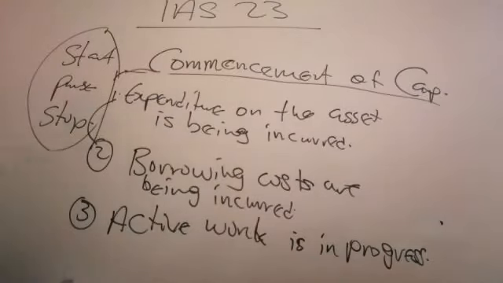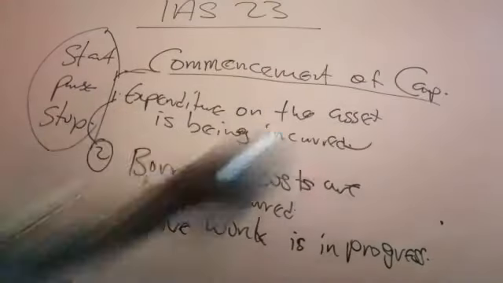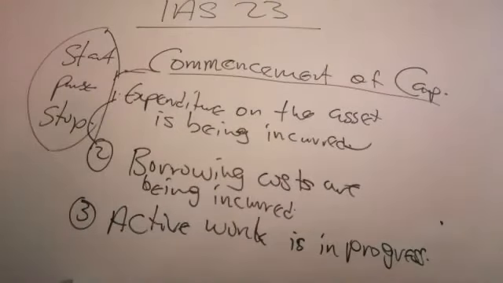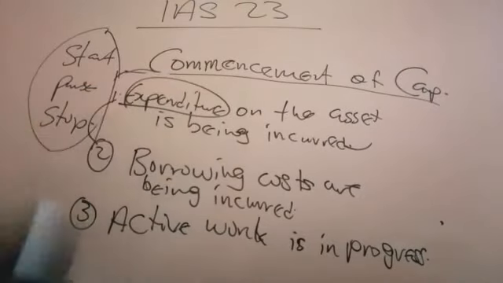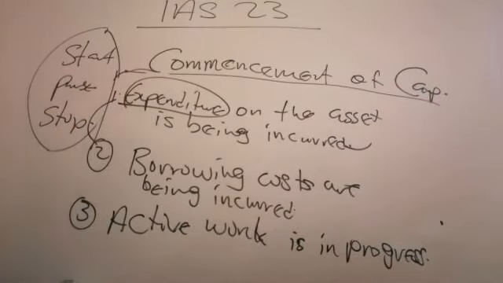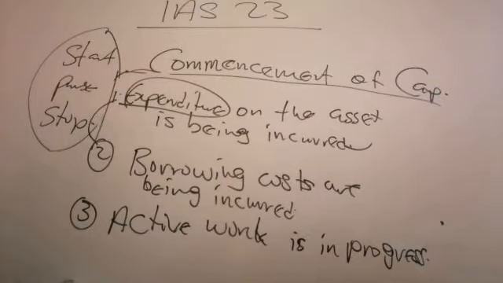Now, expenditure on the assets is being incurred. Let's assume that you've made up your mind to construct a building, and you start paying the contractors. You start incurring expenditure on the construction. I called the contractor, they started working. I know them, so they can use their own funds to work for some time.